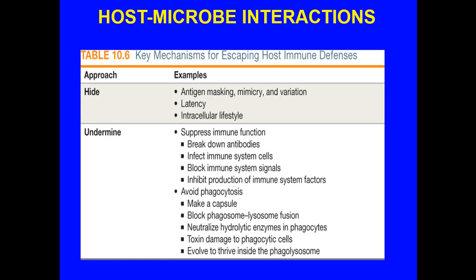I've got a little cartoon of that coming up. The undermine basically will be to suppress the immune function and to avoid phagocytosis, or after you've been brought inside, prevent the phagolysosome fusion, or even if you're exposed to the digestive enzymes from the lysosome, basically you can neutralize them.